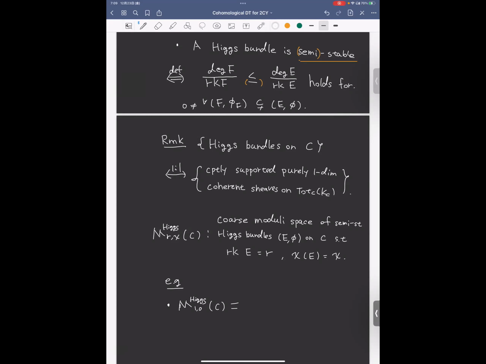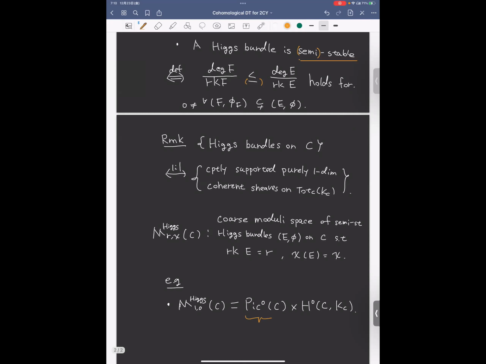And the moduli space of line bundles on C with Euler characteristic 0 can be identified with Pic^0 of C. And the moduli space of Higgs fields is nothing but the global sections of the canonical bundle on C. And here Pic^0 of C is a g-dimensional torus.